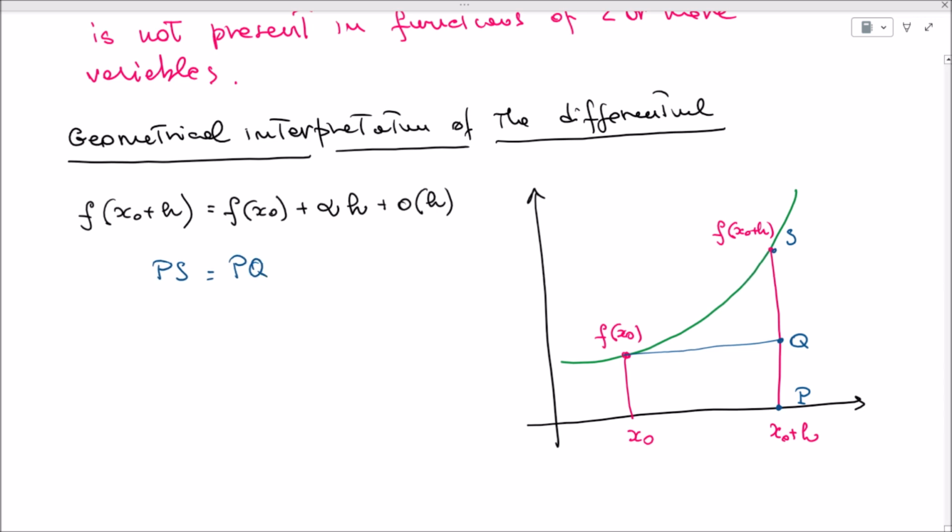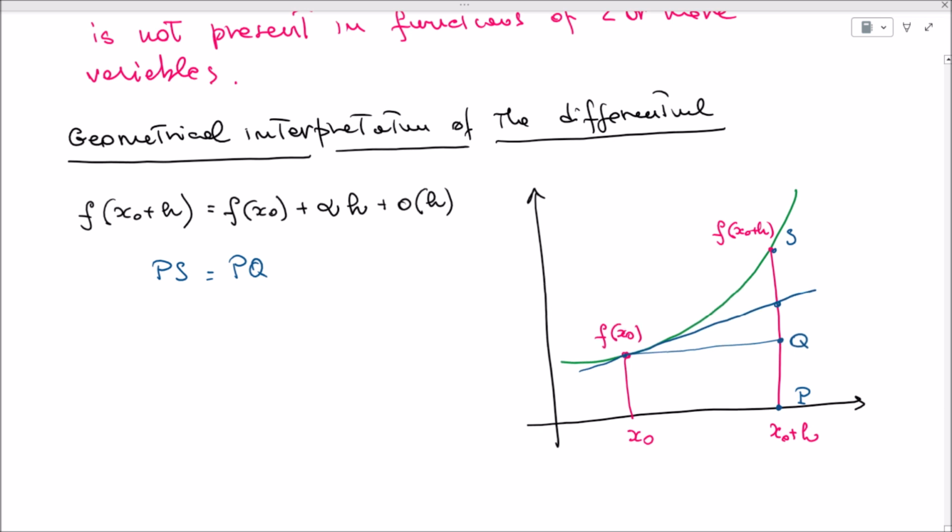Clearly we want to express now this segment QS as the sum of alpha h plus little o of h. But remember that alpha is nothing else than the derivative, so we know that the derivative at this point is nothing else than the slope of this tangent.